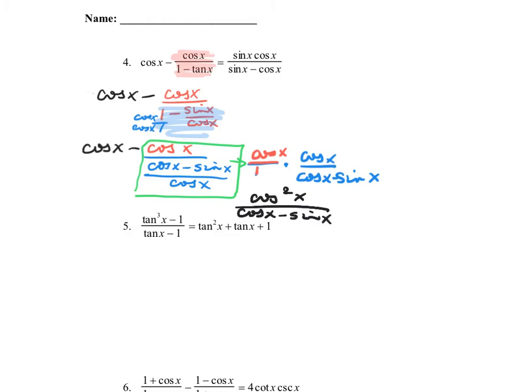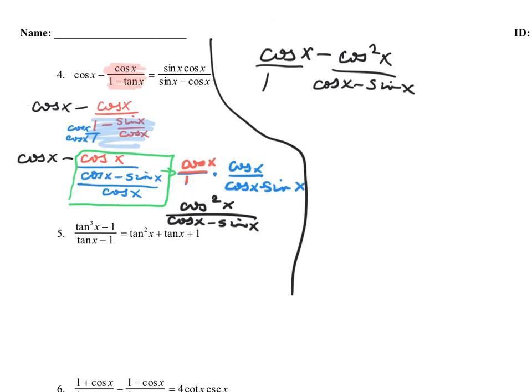So now let me take all of this and put it up top here. So I have cosine x, this original black thing, and then minus cosine squared x over cosine x minus sine x. I'm now going to find a common denominator again. My common denominator is going to be cosine x minus sine x.